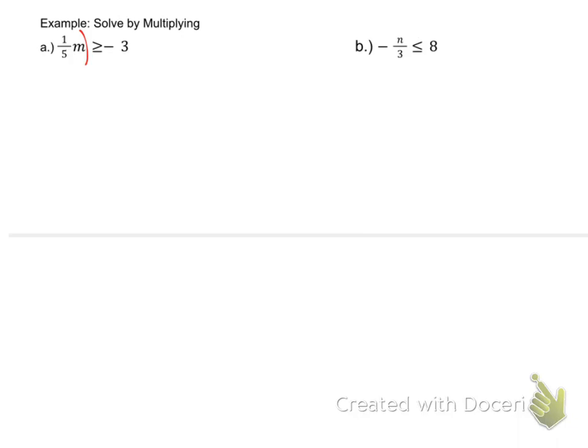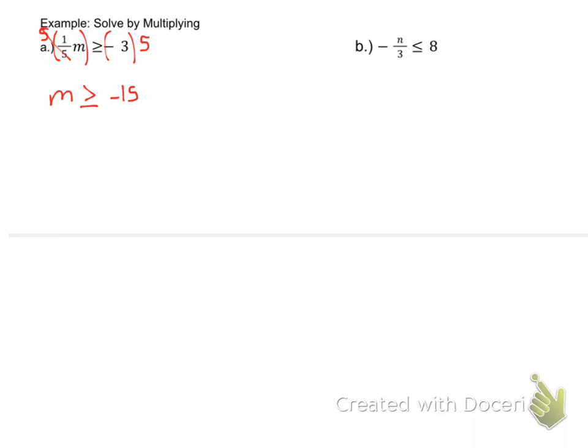So I come up here, multiply by 5, multiply by 5. What's 5 times 1/5? That's not nothing. It's 1. So they're gone, right? m, negative 15, because 5 times negative 3. What's the symbol? Is it supposed to be a greater than or equal to, or a less than or equal to? Do I flip it? Stays the same. This is not a negative number. Even though there is a negative in it, I did not multiply by a negative.